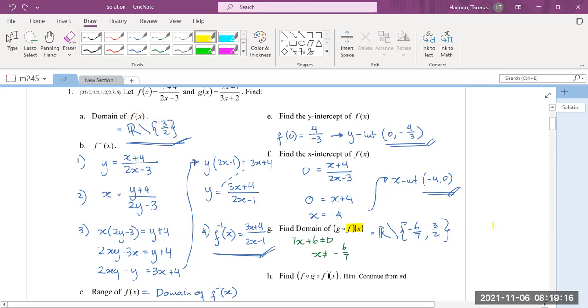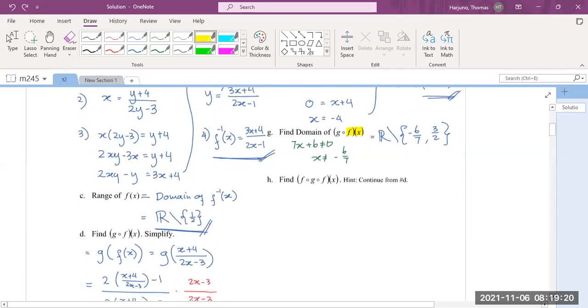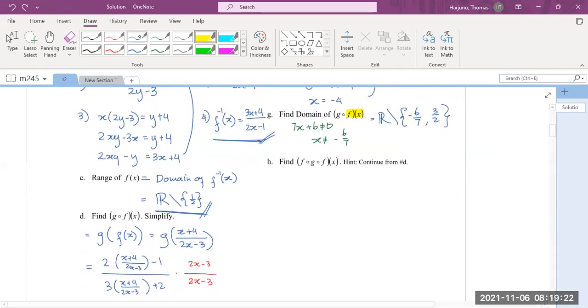Now, finally, part H. What is F compose G compose F? That means F of G of F. But we already have this thing from part D, G compose F, right?